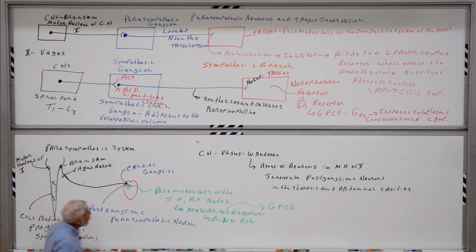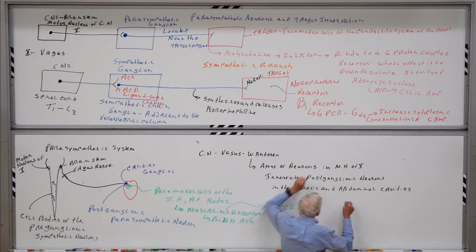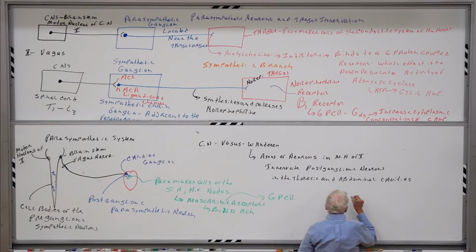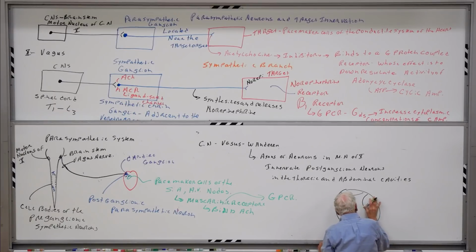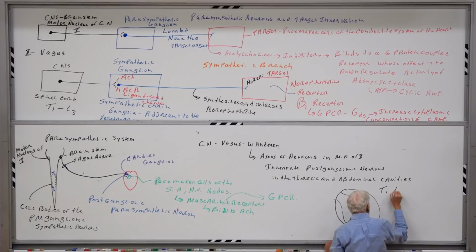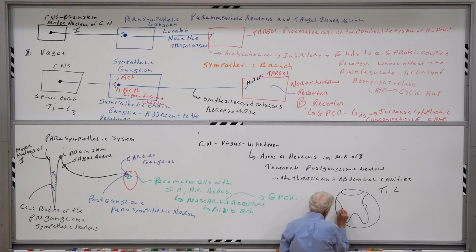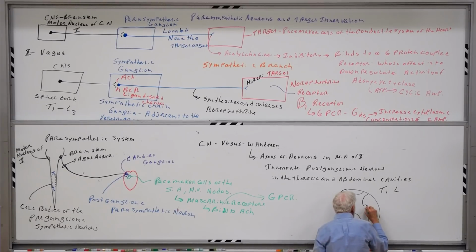I'm going to draw a cross-section of that over here. So where this is the spinal cord, this is our classic arrangement of the gray matter. What we find between T1 and L3 is there's a kind of outpocketing here of gray matter. This has a particular name.